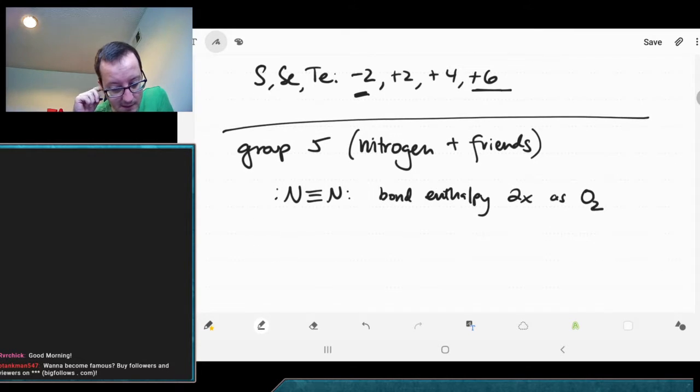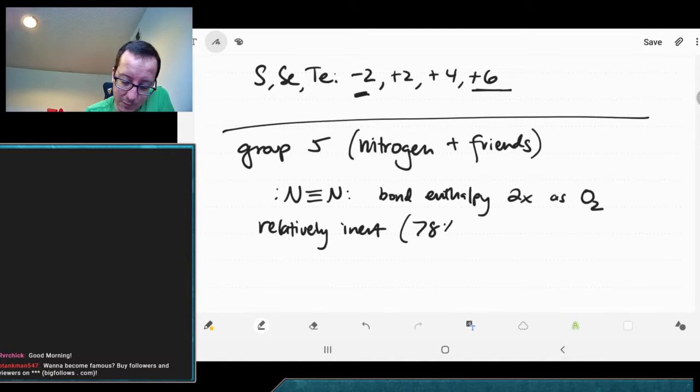Because of this, it is going to be relatively inert. It's going to be twice as hard to break the bond between the nitrogens, so it's going to be pretty inert, which is nice because as 78% of the atmosphere, it's not going to react very much.